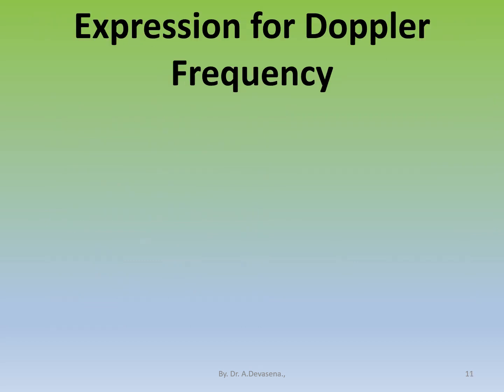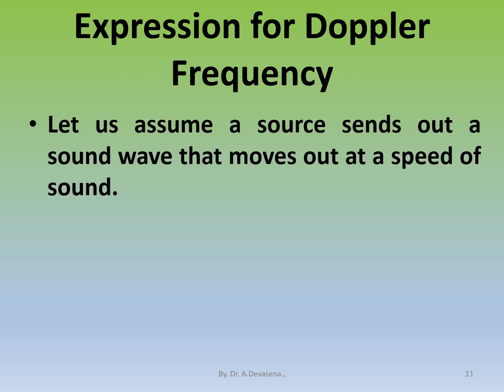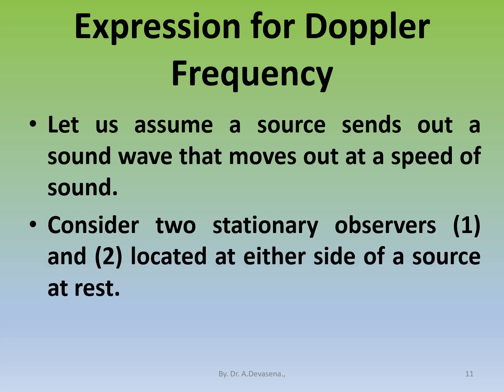Expression for Doppler frequency. Let us assume a source sends out a sound wave that moves out at the speed of sound. Consider the stationary observers 1 and 2 located at either side of the source at rest.